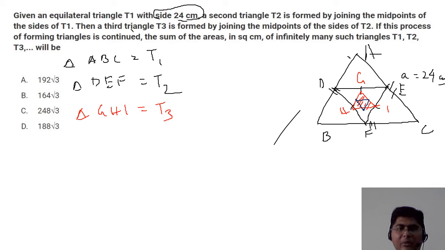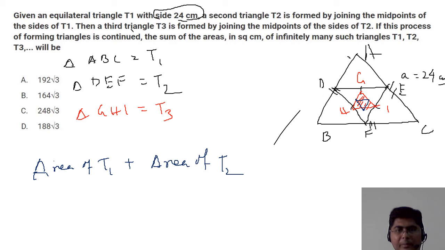So we have to find out the total area, means area of T1 plus area of T2 plus area of T3 plus infinitely, as long as we can create small triangles.